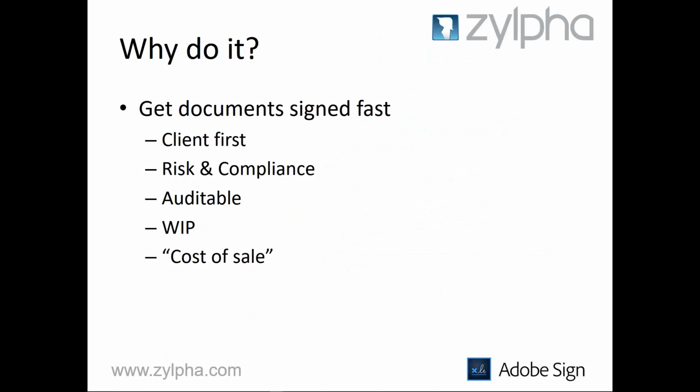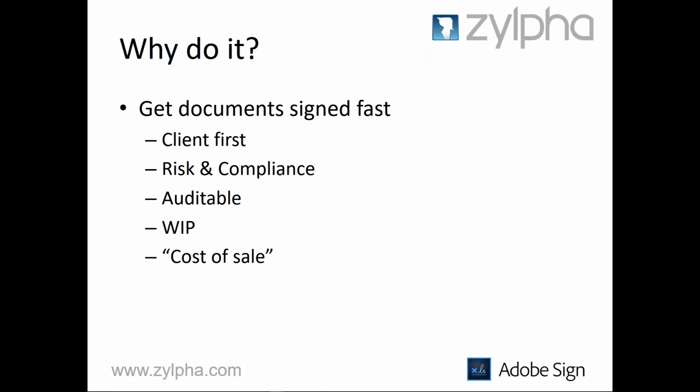What you can do with something like this is make risk and compliance part of your process, so it becomes easier to comply than to not comply, and it's far more auditable because you can check who sent what to who and when it was viewed, when it was signed, when it was downloaded back into the system. So you do provide quite a high degree of auditability with this as well.